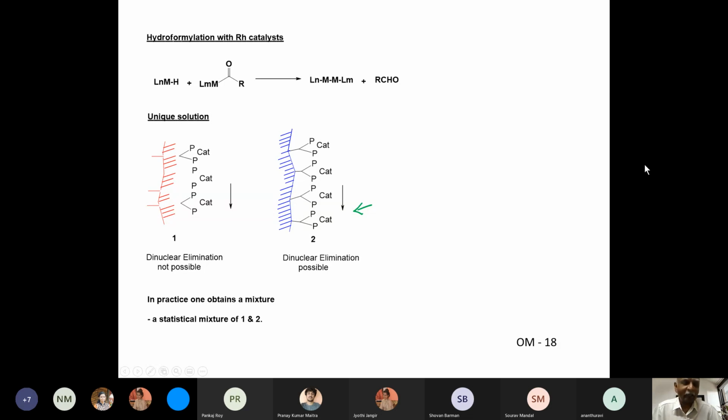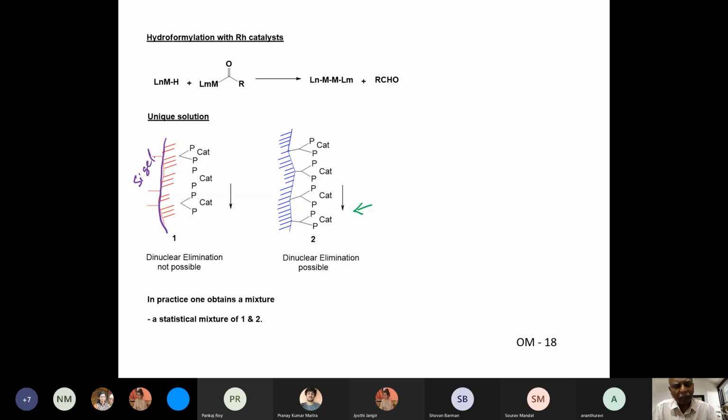He did a very complicated experiment again, and the complicated experiment was to check if you can stop the dinuclear elimination using isolation of the species, so that if it doesn't meet with another rhodium or another osmium, it's not going to do elimination.